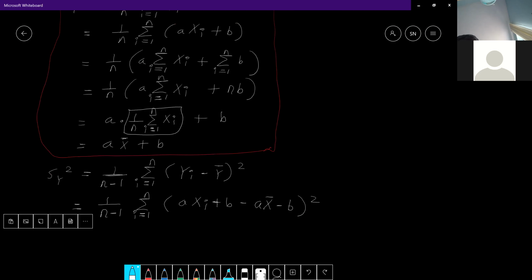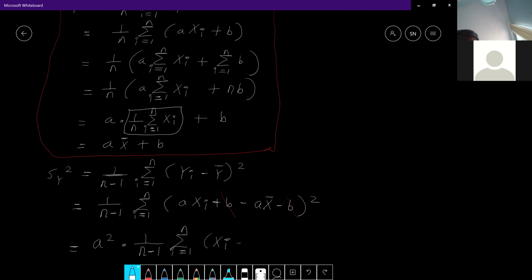Okay, so now if you pull the a outside, these two cancel. As you can see, the b and the b cancel, right? So if you pull the a outside, it becomes a squared times this, right?